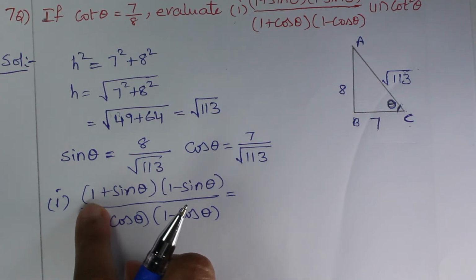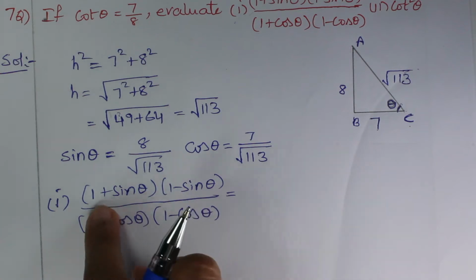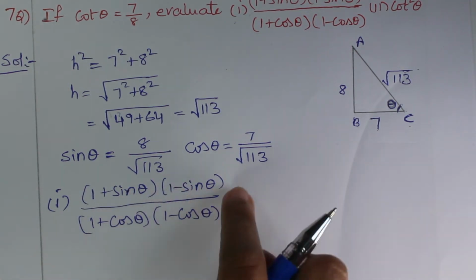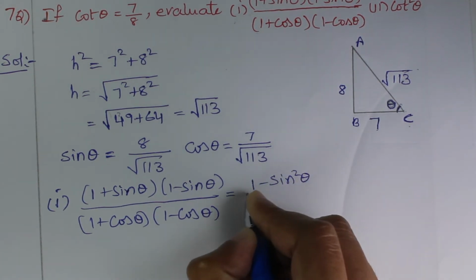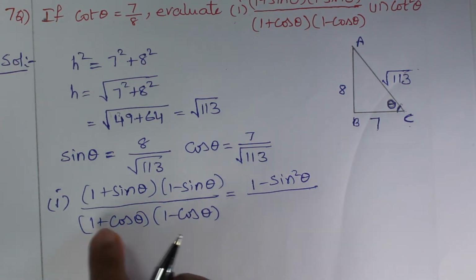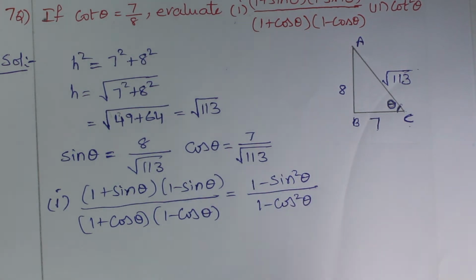This is in the form of (a plus b)(a minus b), right? What is the formula for (a plus b)(a minus b)? It is a square minus b square. So it becomes 1 minus sine square theta divided by, again (a plus b)(a minus b), that is a square minus b square, that is 1 minus cos square theta.